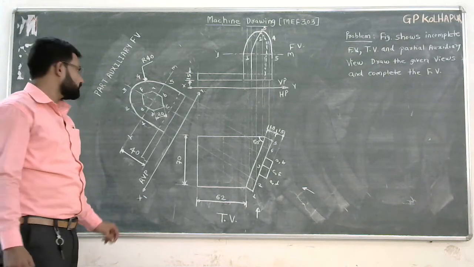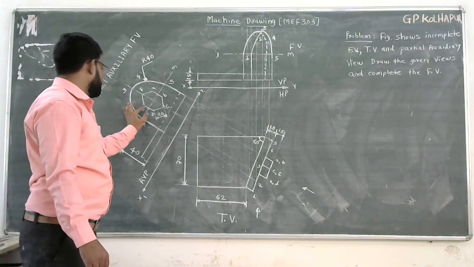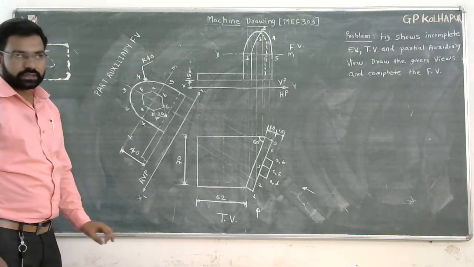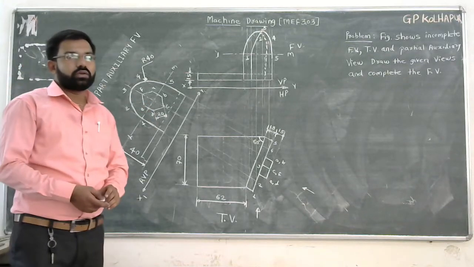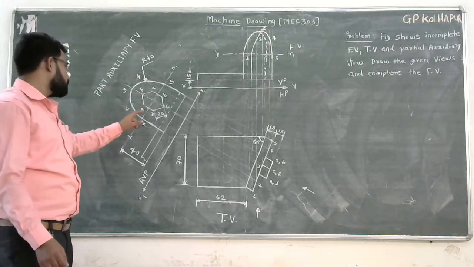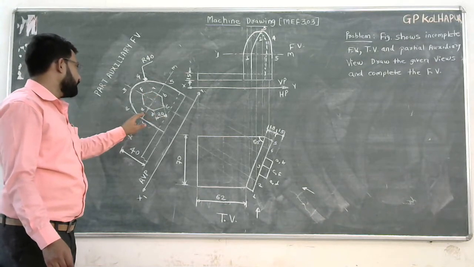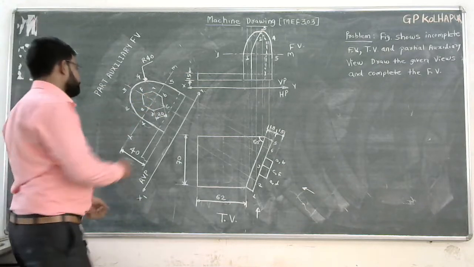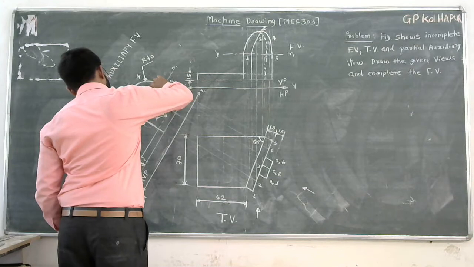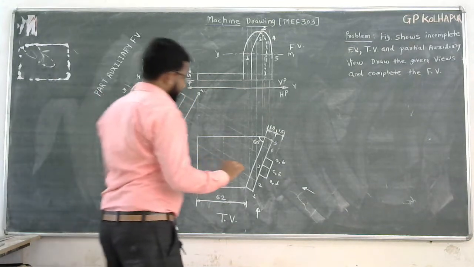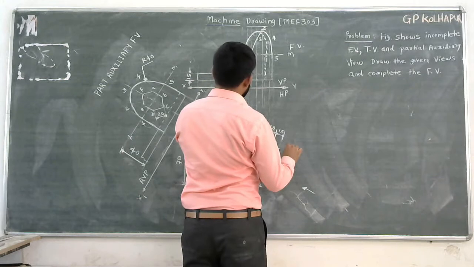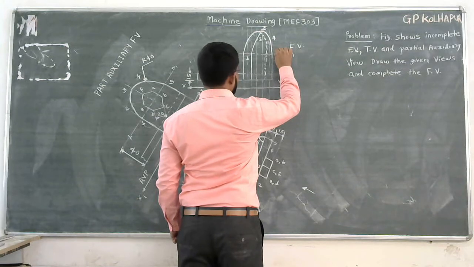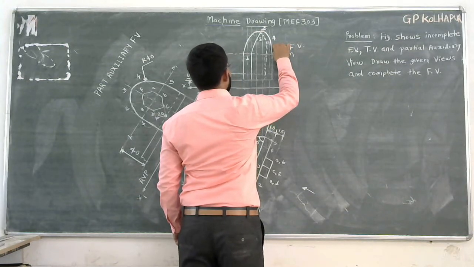Now you have to take the distance. Points E, D, A, B are all at the same distance from this axis, which means you have to take only one distance. Take the distance of any one point, A, B, E, or D, from the axis LM, and you can mark all four points. So take the distance of point A from axis LM on the projector of A. On this projector, the point A will lie.